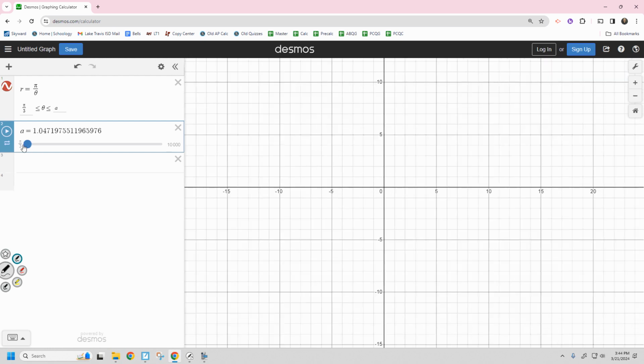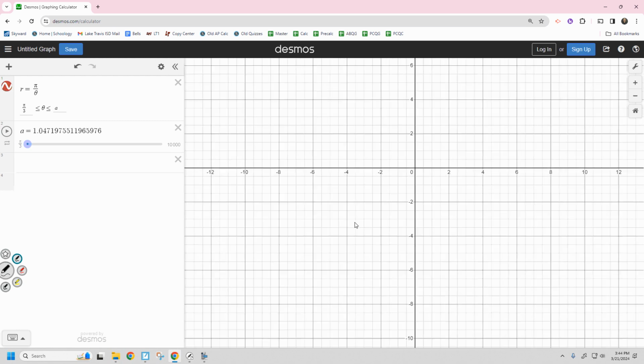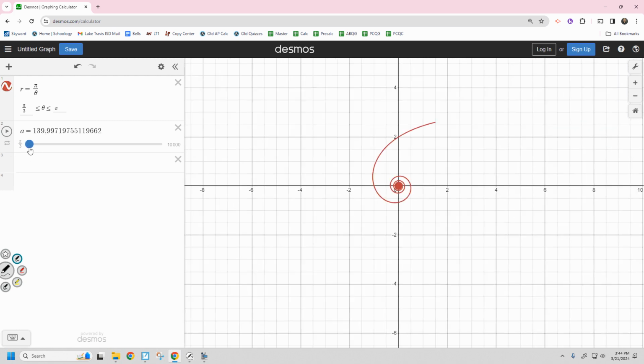I have to see, where is it? There it is. I gotta change my step. It jumps too fast. There you go. And it will continue to spiral inward, inward, inward.